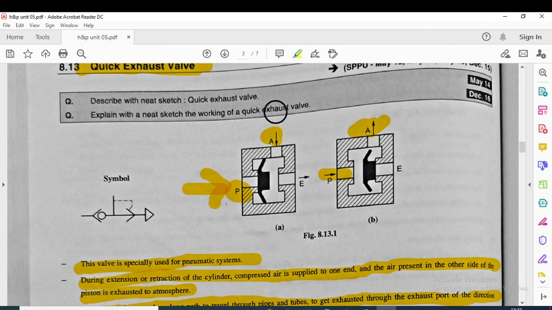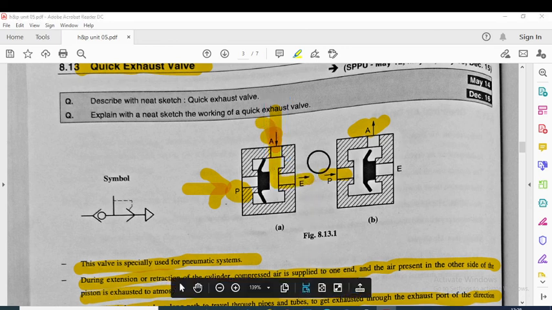When air is coming out from the cylinder, this poppet is moved to port P, and air from cylinder port A can move directly out through this exhaust port to the atmosphere.